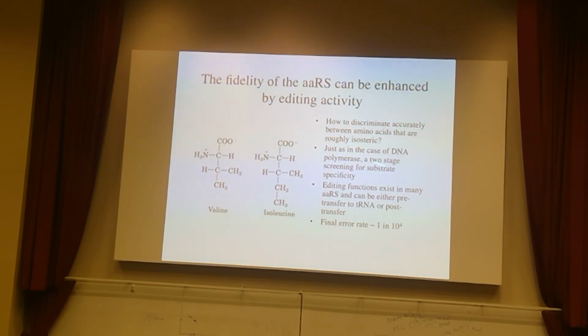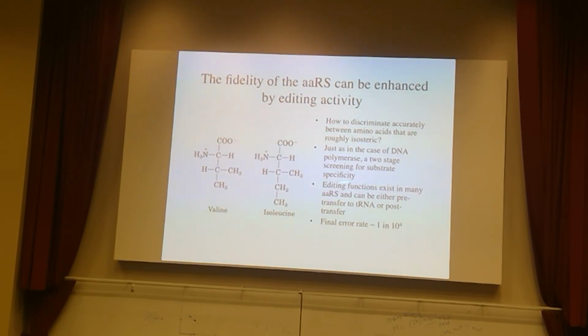So just as in the case of DNA polymerases, where I told you that there's a proofreading mechanism, these enzymes, which have to get it right a lot of the time, they also undergo proofreading and editing. There's a two-stage process where they make an initial guess, and they go back and say, did I get it right? And if it got it wrong, it cuts it out and starts over again.